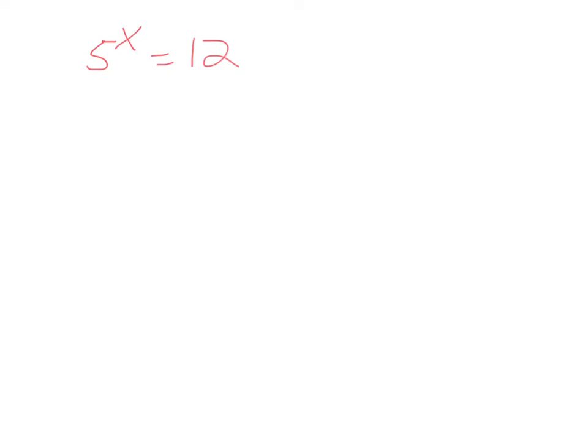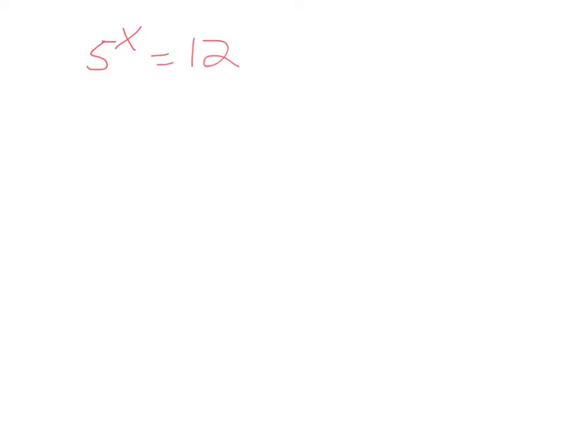So let's take a look at a couple examples of when you would use this principle of logarithmic equality. It's always nice to be able to get your bases the same, but most of the time that's not going to be able to happen. It's always a good idea to take a look because that makes it a little bit easier, and usually you can get a more exact answer.